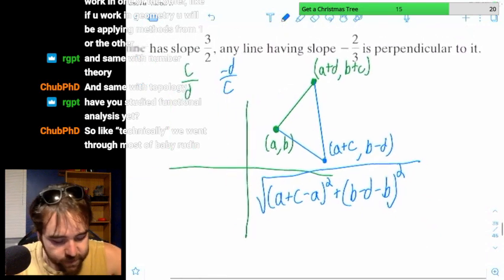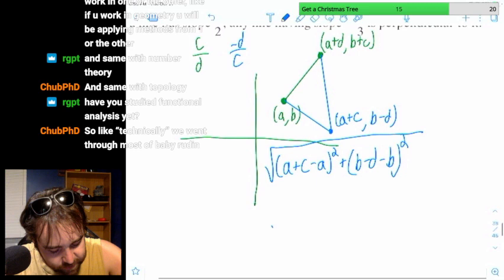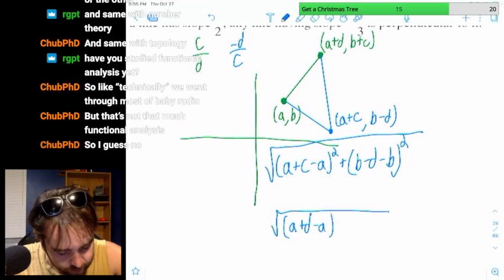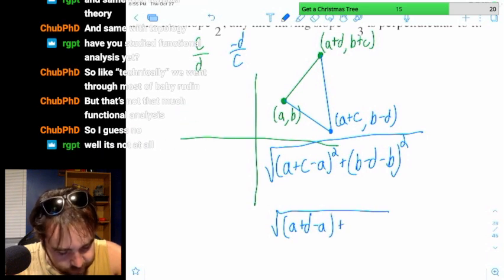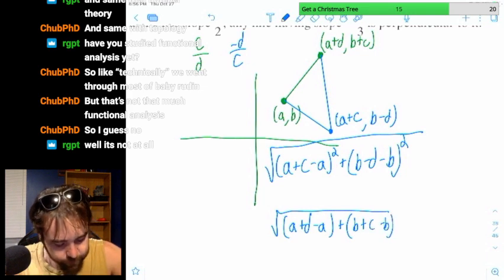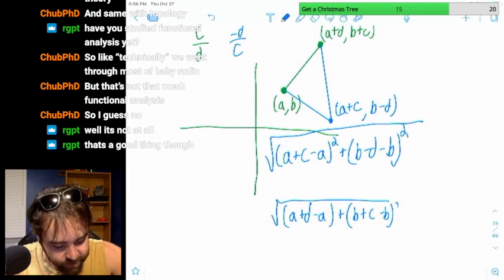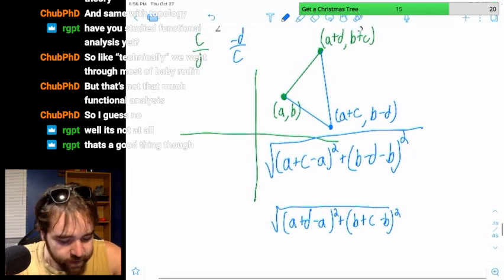So we have that first distance. The next distance is the square root of A plus D minus A plus B plus C minus B. Okay, so that's that distance, squared. And then what is the last distance?